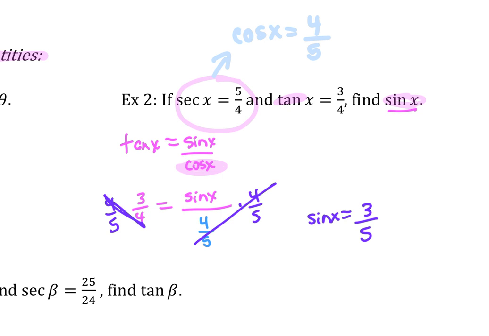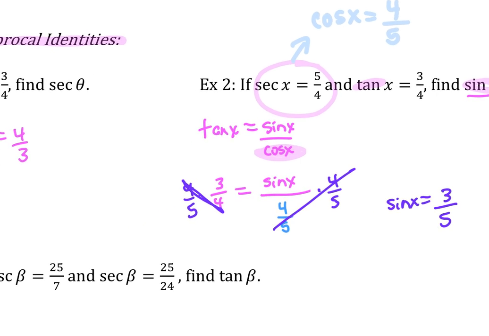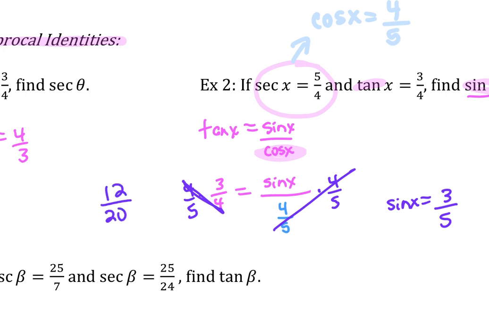Well, if you multiply straight across, then you're going to get 12/20, right? 4 times 3 and then 5 times 4. But then you've got to simplify that, and there's a common factor of 4. When you divide that out, you're going to get the 3/5.